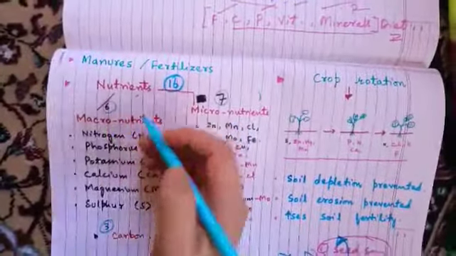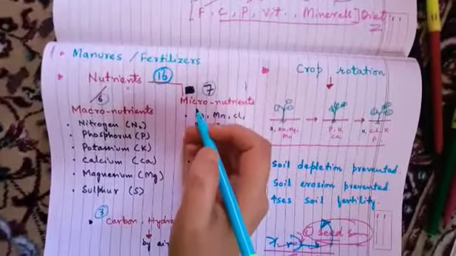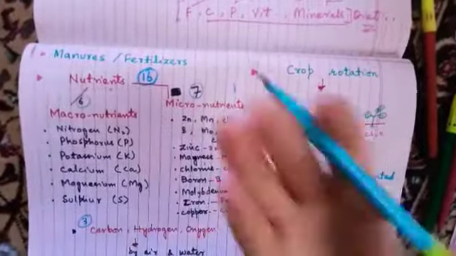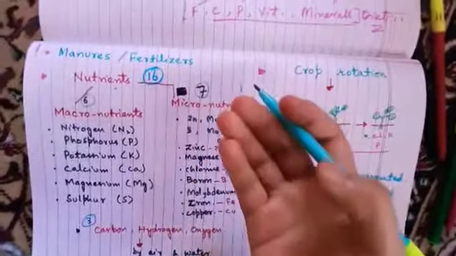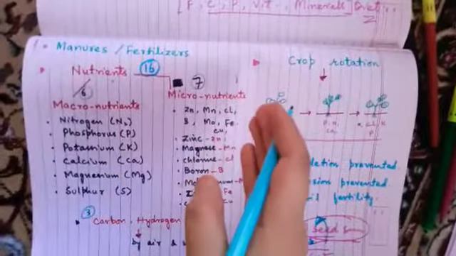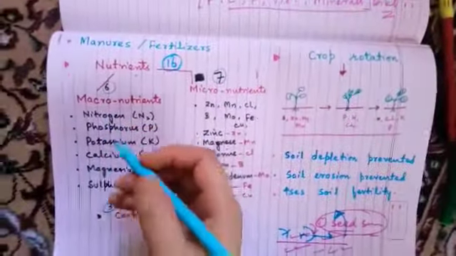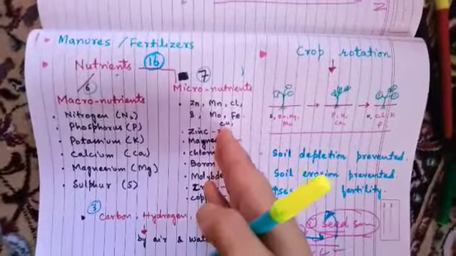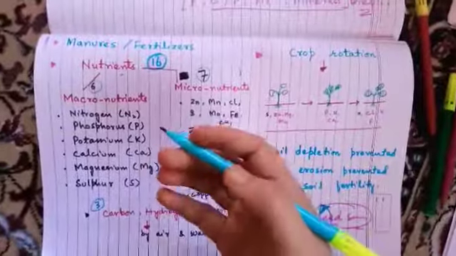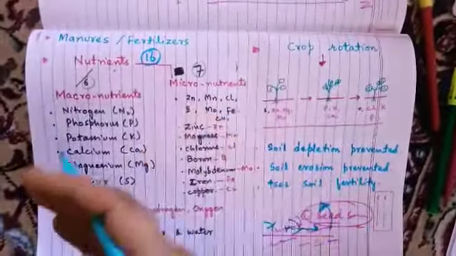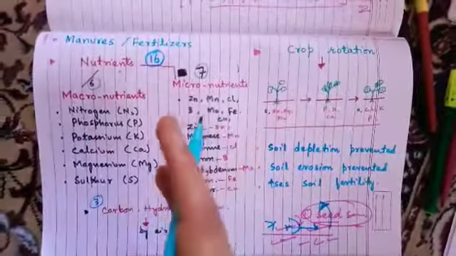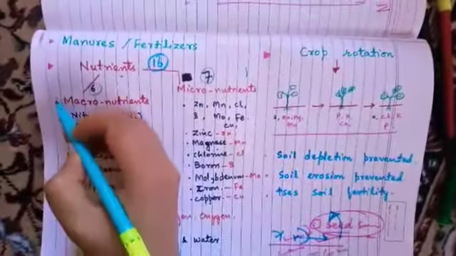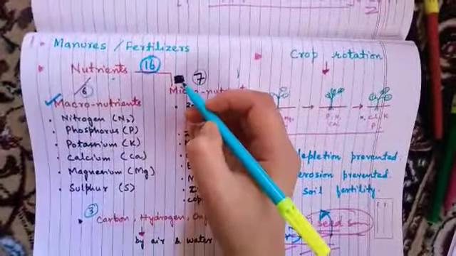Now let me tell you what this bifurcation is. Nutrients are divided into two types on the basis of the needs of the plant. Plants need some of the nutrients in large amounts, and some in small amounts. In science, when we talk of larger and smaller, we use macro for large and micro for small.